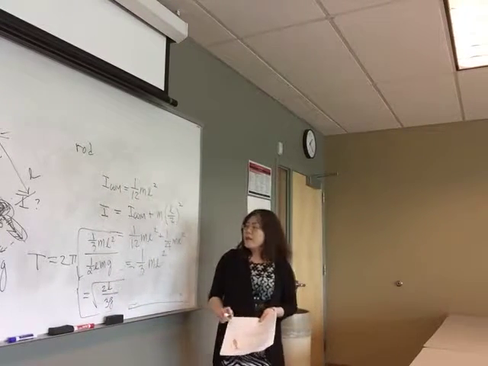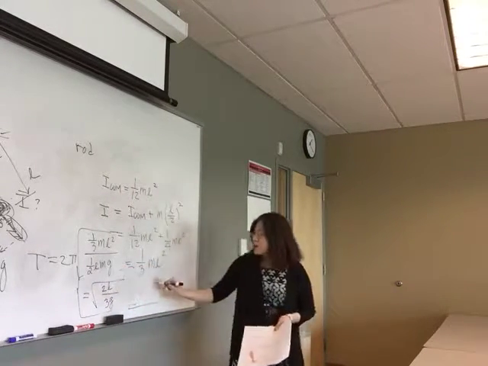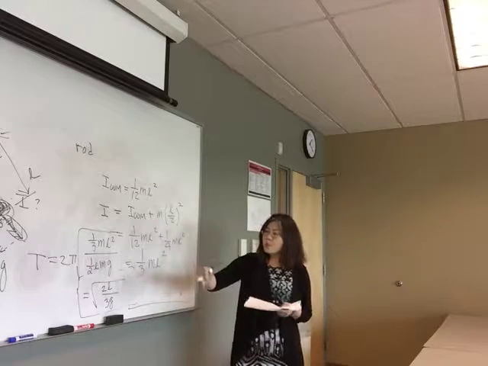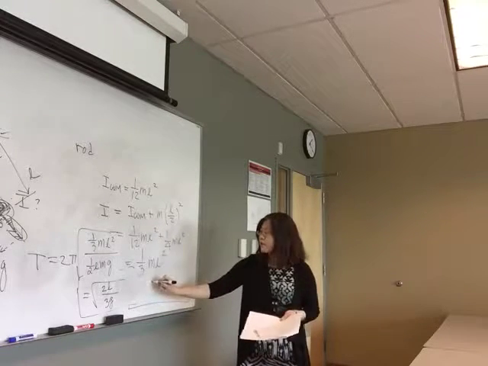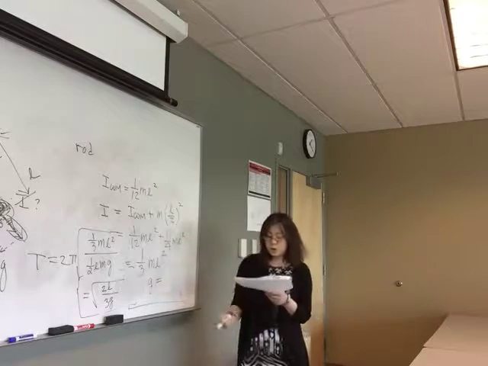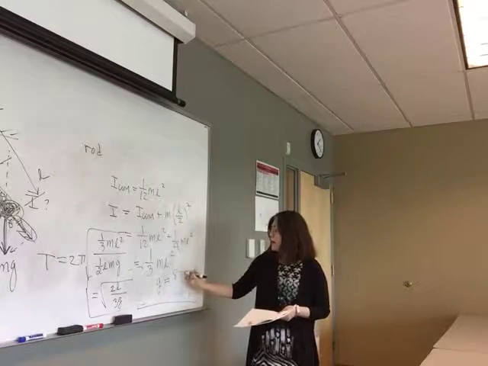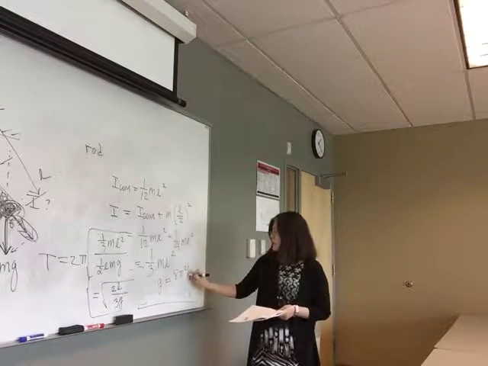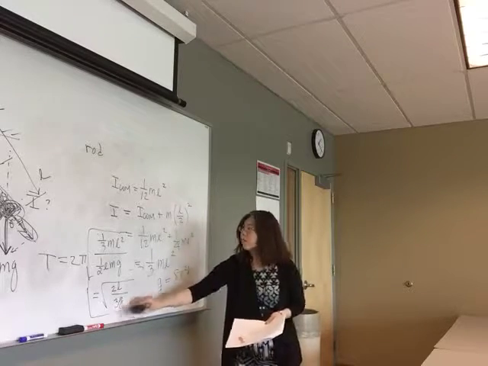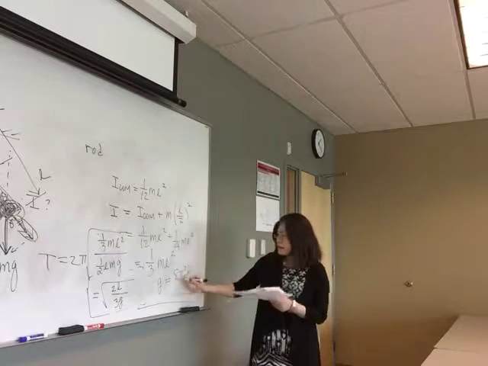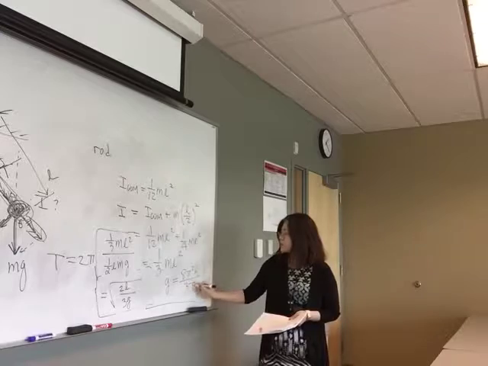Okay, and then after you square it, basically in the book, after you square it and rearrange that, you can find that your G value is equal to 8 pi squared times the length of the physical pendulum over 3T squared.